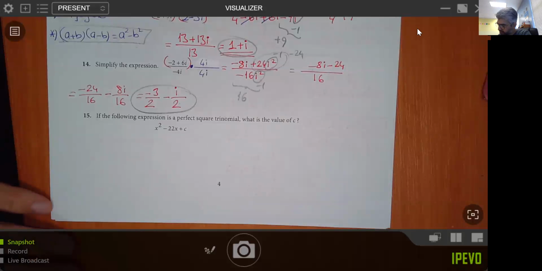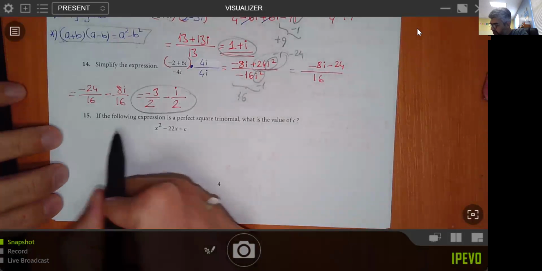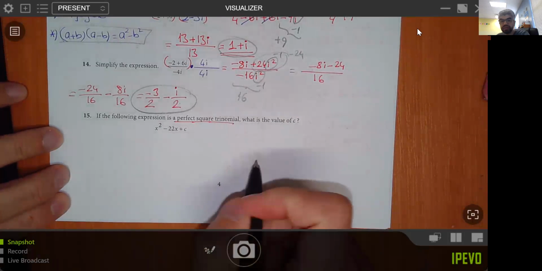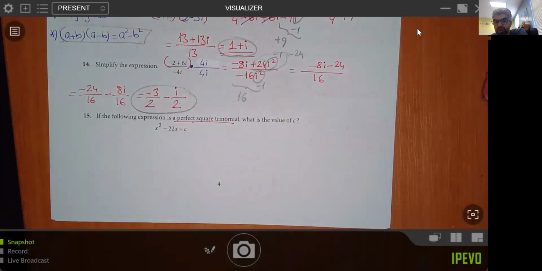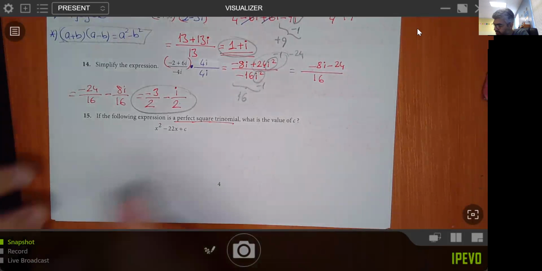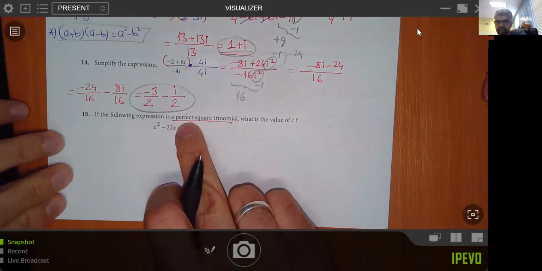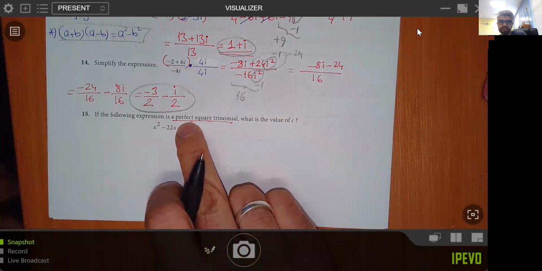Number 15. If the following expression is a perfect square trinomial, what is the value of c? Cool. What was it? How do we make an expression like ax squared plus bx a perfect square trinomial?